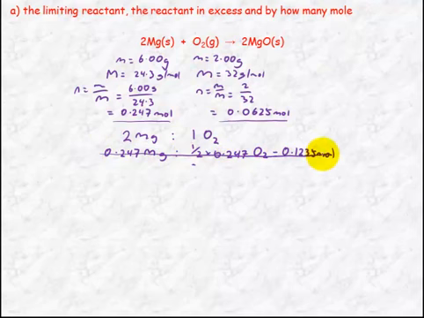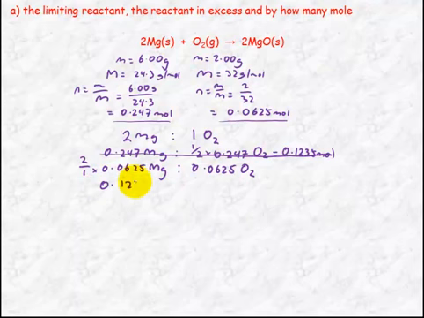Let's have a look at the reaction the other way around. So I've got 0.0625 oxygen. I'm going to need mole ratio times 0.0625 of magnesium. 2 times that is 0.125 magnesium.